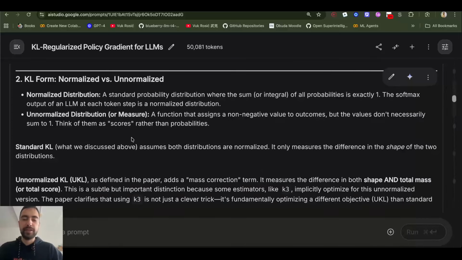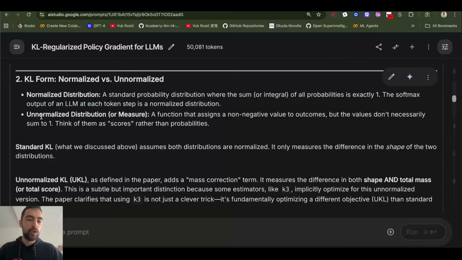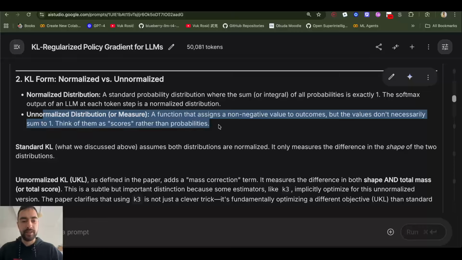And in this paper, it was explained that there are no set rules on when to use which in reinforcement learning. Another issue is we don't know when to use normalized versus unnormalized distribution. So normalized is when all of the probabilities sum up to 1, to 100%. And unnormalized, the probabilities are also positive, but they don't necessarily sum up to 100%.